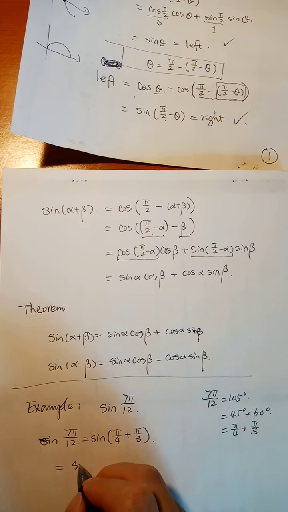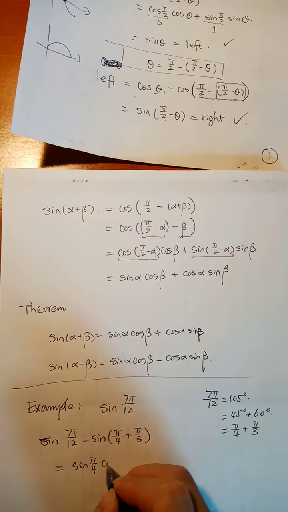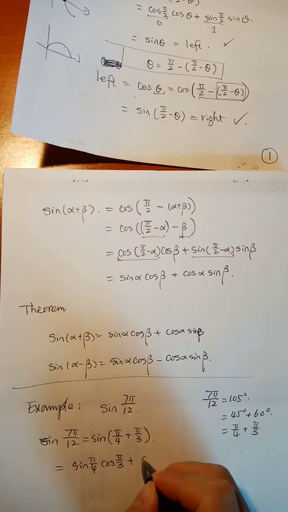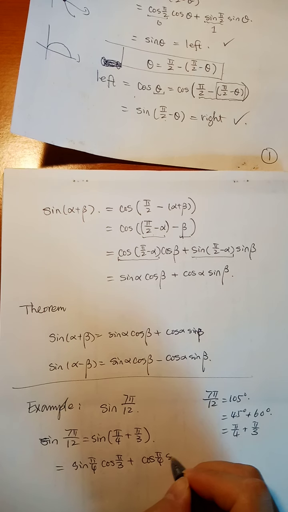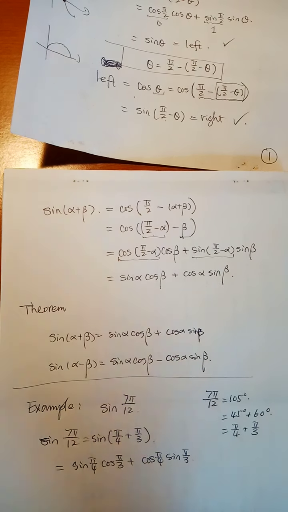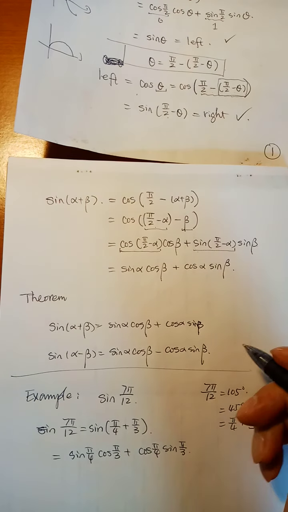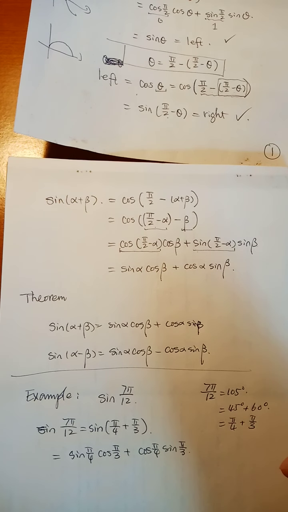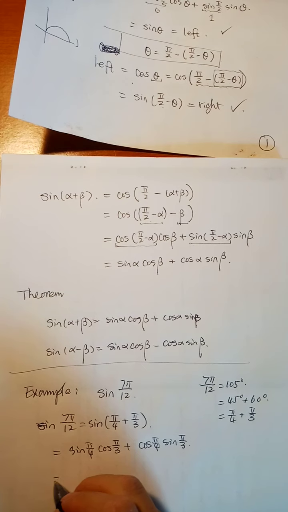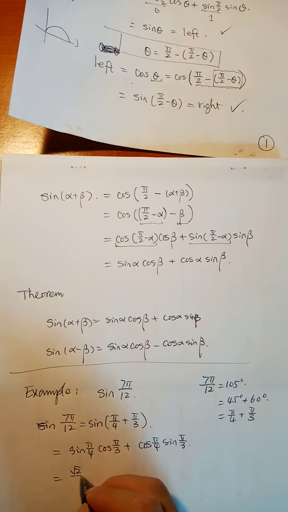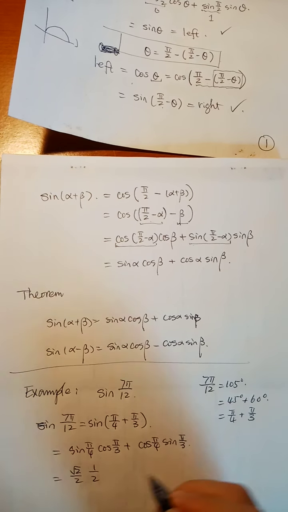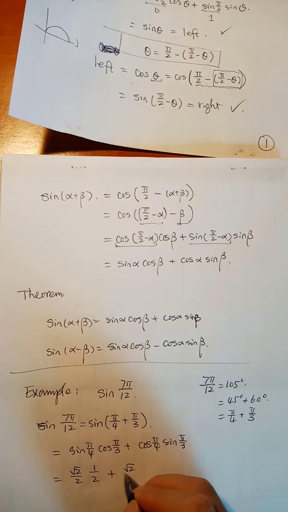Sine sum, so sine alpha cosine beta plus cosine alpha sine beta. Just take time to memorize those formulas. There's no shortcut. Okay. Sine pi over 4 is root 2 over 2. Cosine pi over 3 is 1/2. Cosine pi over 4 is root 2 over 2.